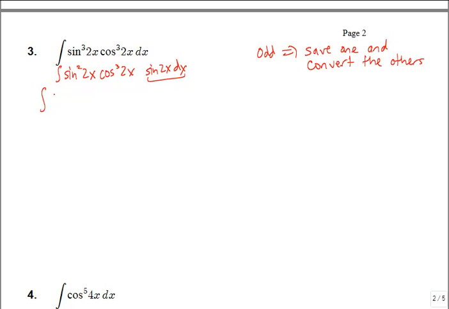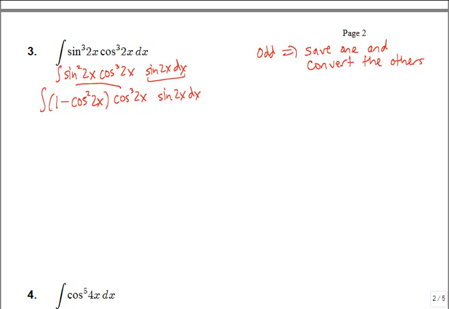So the sine squared, using that Pythagorean identity, is 1 minus cosine squared of 2x. You don't change the angle, you just do 1 minus cosine squared of the same angle. I'm going to leave this cosine cubed the way it is because it's already in terms of cosines, so I don't need to change it.